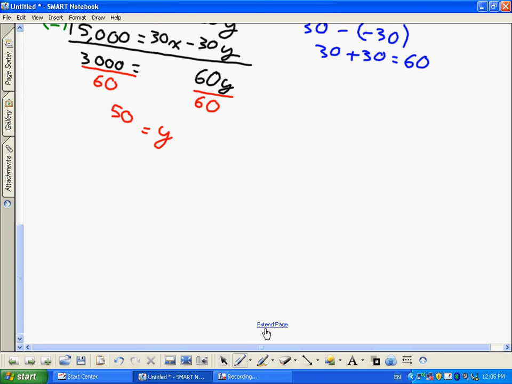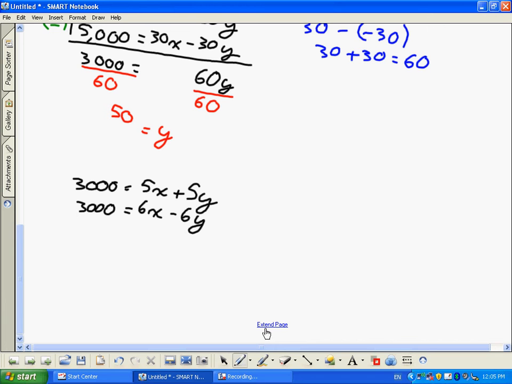So scroll down again. Remember our original equations were 3,000 equals 5x plus 5y. Is that right? Yeah. And 3,000 equals 6x minus 6y. Okay? So we had our two set up. I need to eliminate the y's. Luckily, I'm going to multiply by the exact same thing we did above.